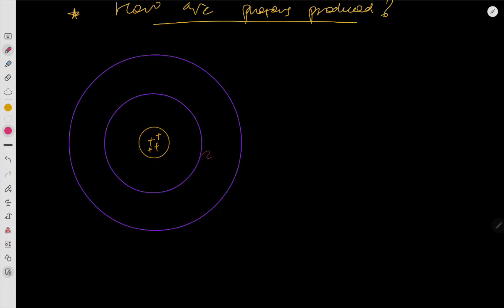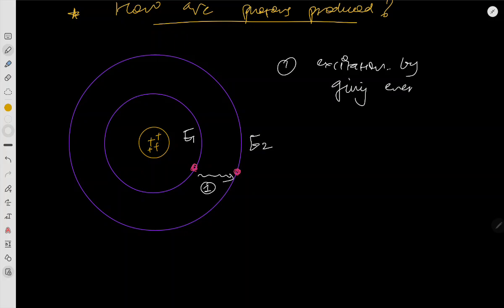And now there are electrons moving around it, and say the energy level over here is E2 and the energy level here is E1. So we excite an electron from E1 to E2 first. This is the first step, excitation. We give some energy, and the second step is that it will lose that energy and come back to the original energy level.